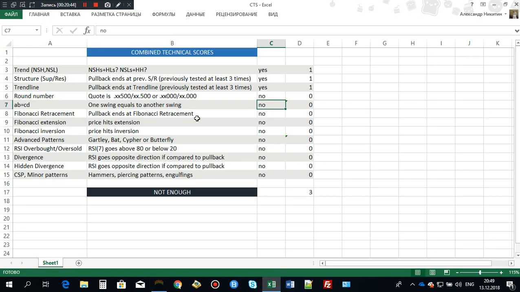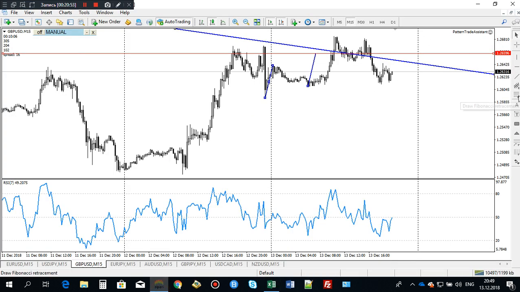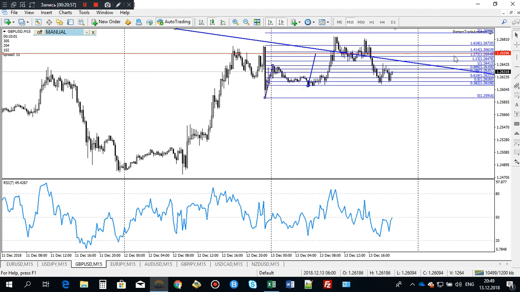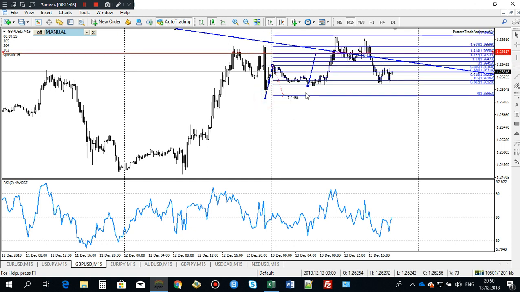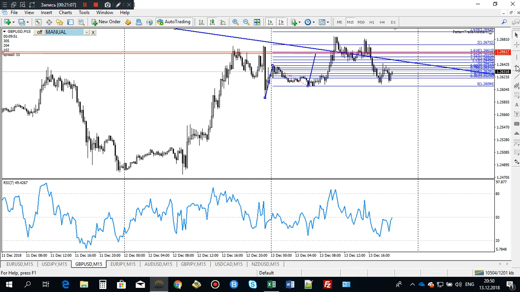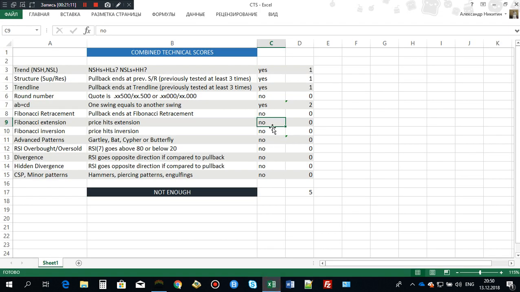Sorry, I need to answer yes to ABCD. No to Fibonacci retracement, Fibonacci extension, potential Fibonacci extension. We had 1414, something of this kind. As for Fibonacci inversion, 161A, we have both 1414 and 161A, so we answer yes and yes.